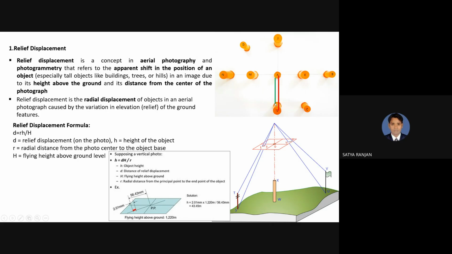So the green line, which gives the distance between A and L, is a shorter distance as compared to the red line. So this shift in distance of one object due to the height information is called relief displacement.